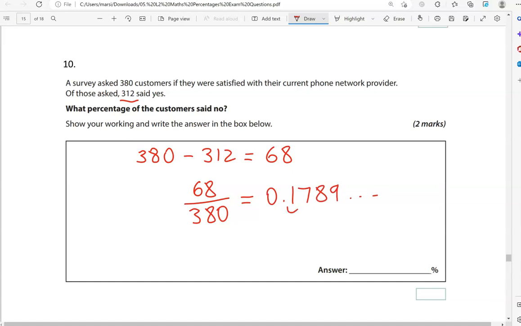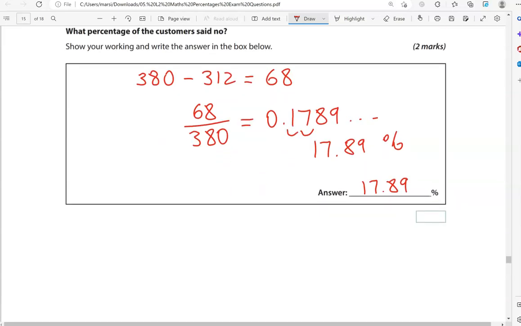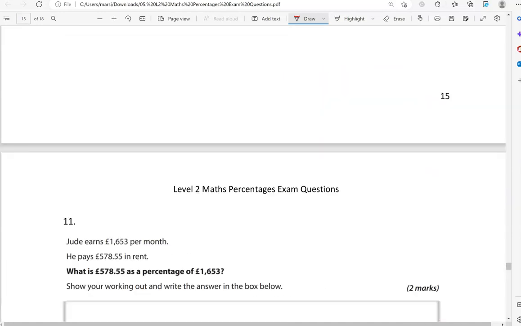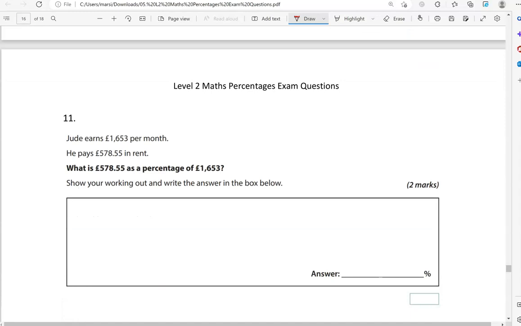So as a percentage, this is 17.89%. Even if we set 18%, it should be fine. Or 17.9 should be fine. But try to not round off.